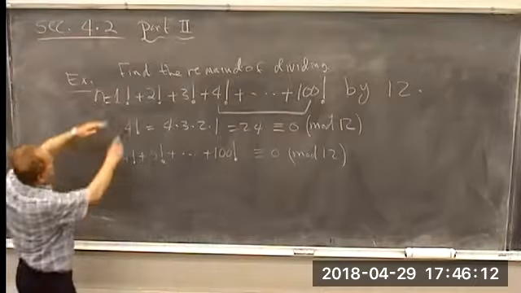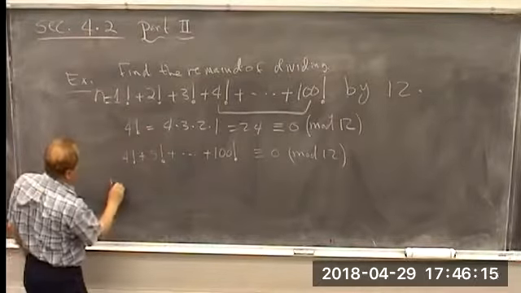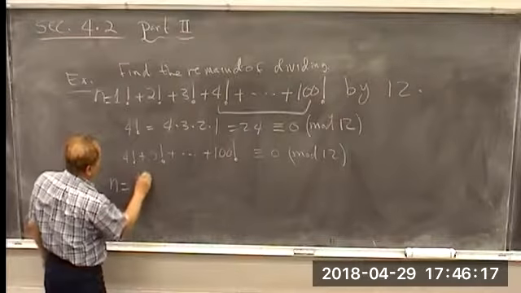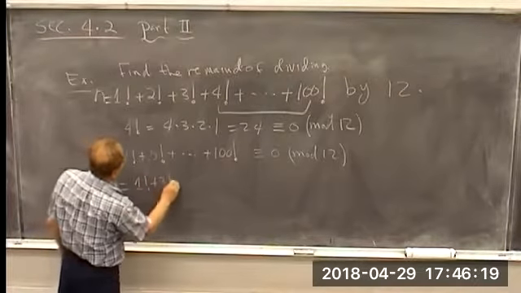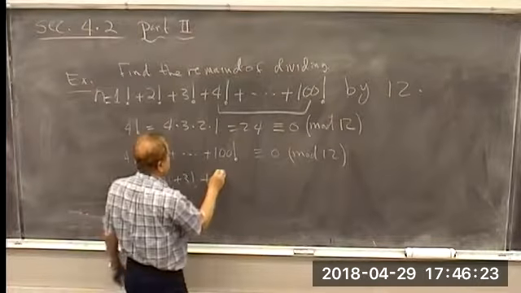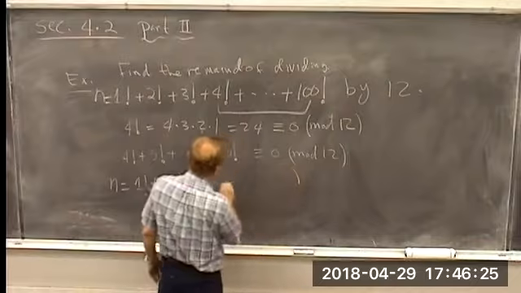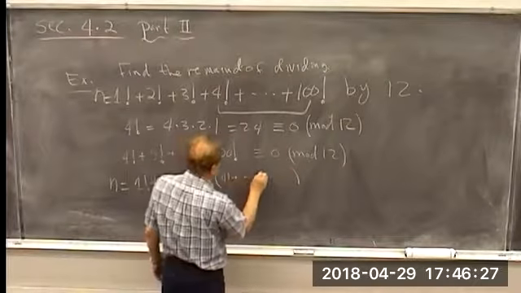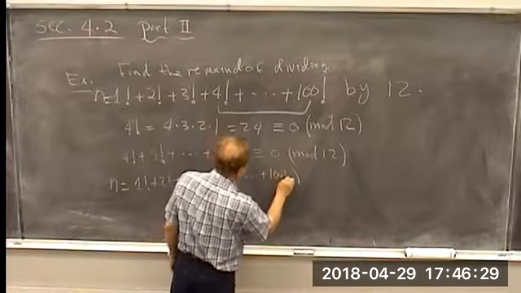Well, now n is going to equal 1 factorial plus 2 factorial plus 3 factorial plus 4 factorial up to 100 factorial.